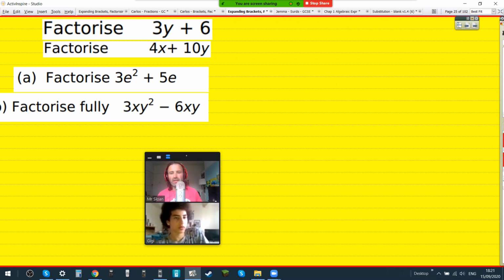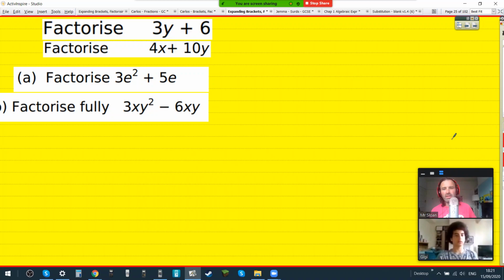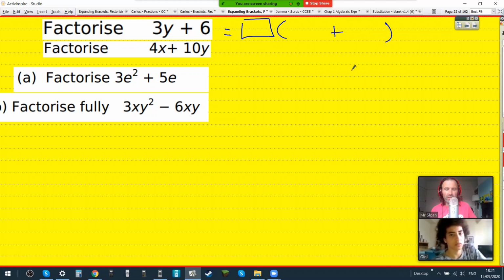Okay, starter for factorizing. Let's try these. So how would you factorize? So for this, you have to say what was it originally.